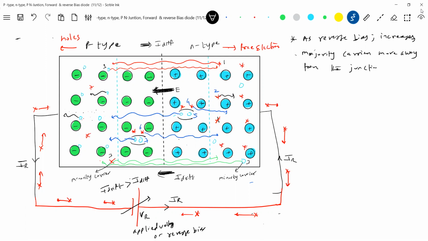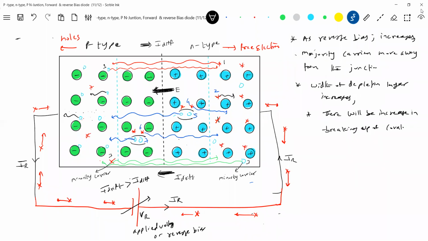Then next, the width of depletion layer increases. There will be an increase in breaking up of covalent bonds in the depletion layer.